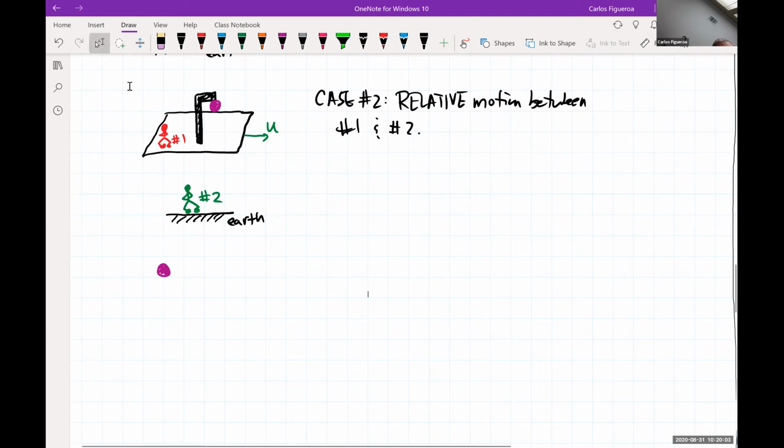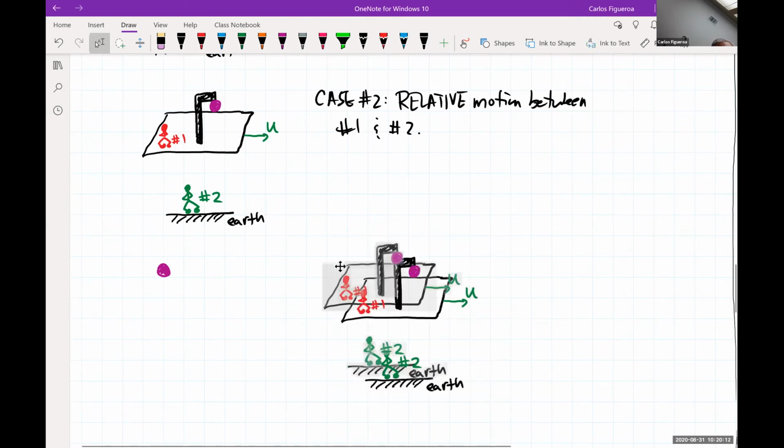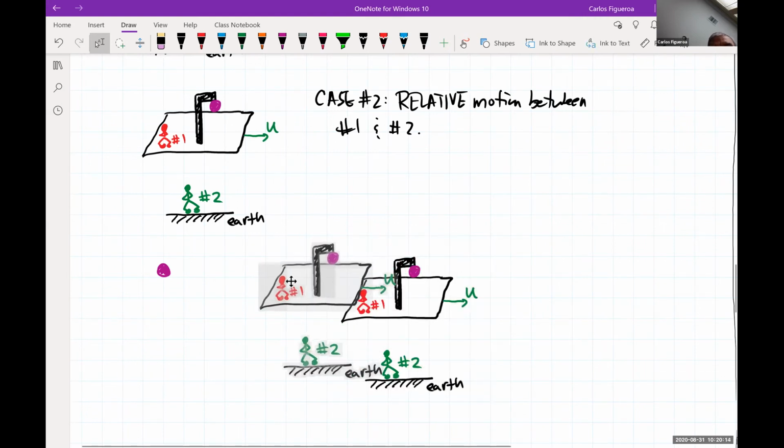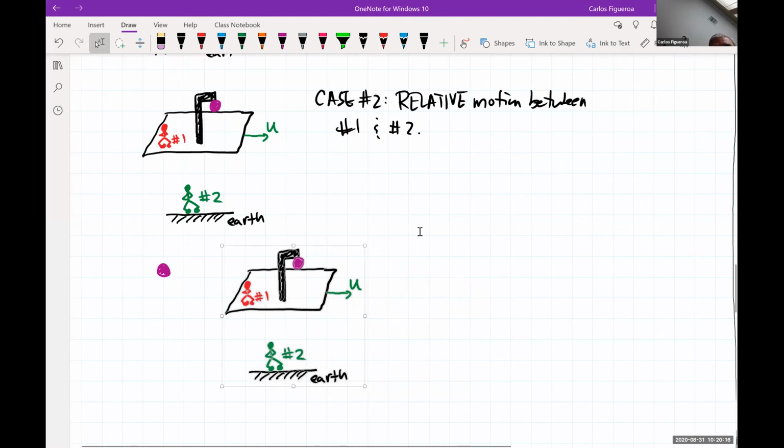So if I click on this and copy it, I'm going to paste it down here. If I look at this scenario, these observers are going to observe two different things. In the end, we know that the ball is going to look something like this for observer number 2.